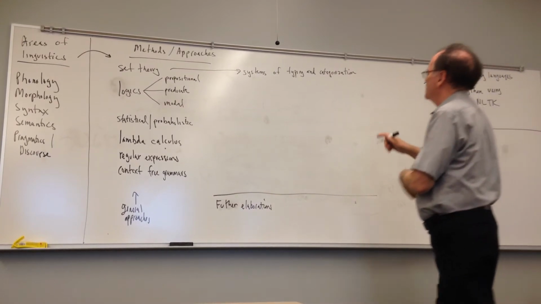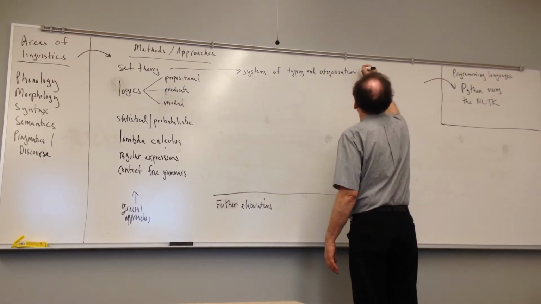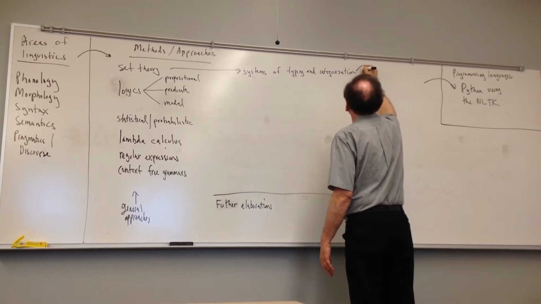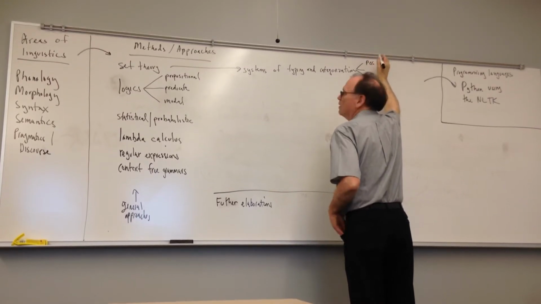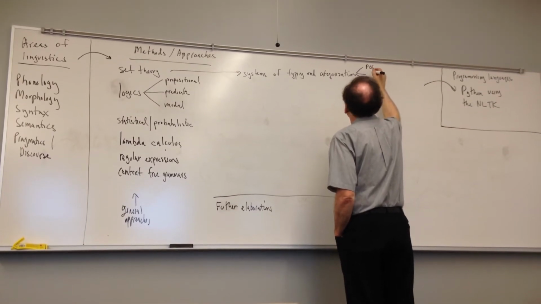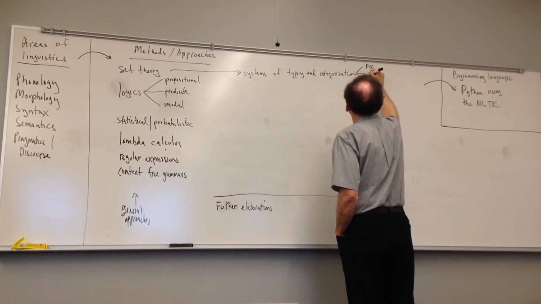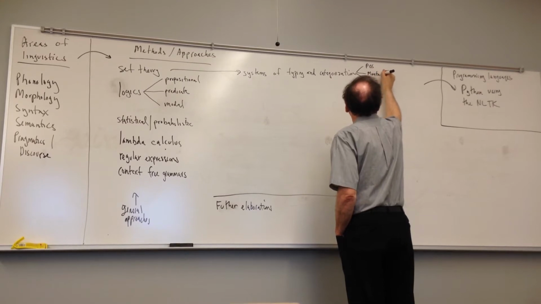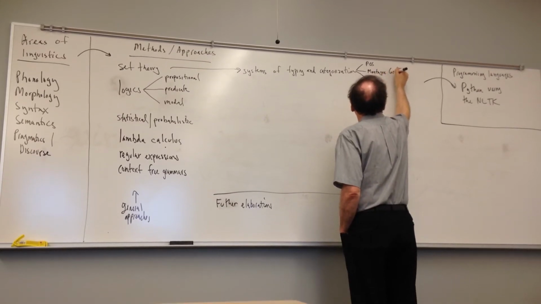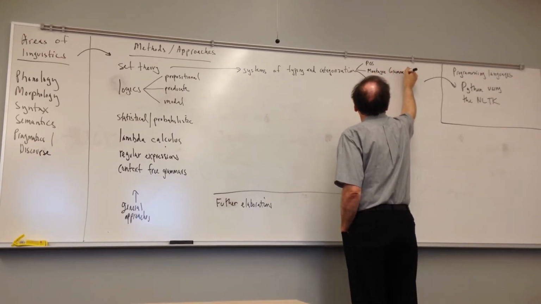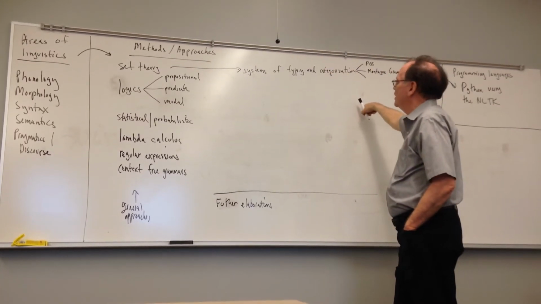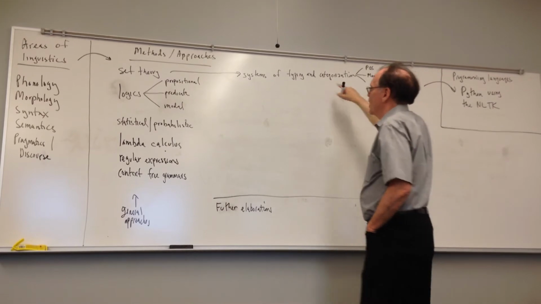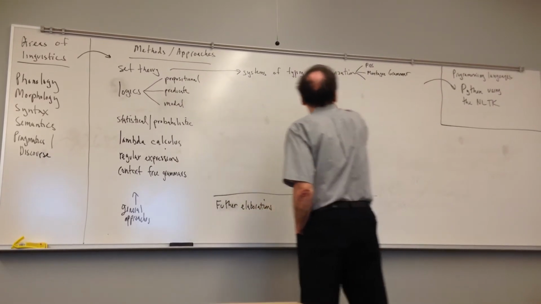So when we think about systems of types and categorization, let's break this out a little bit. Just some examples here. POS. In a sense, Montague grammar has a system of typing in it and models. Montague grammar fits right in over here, and also Montague grammar will come in over here as well.